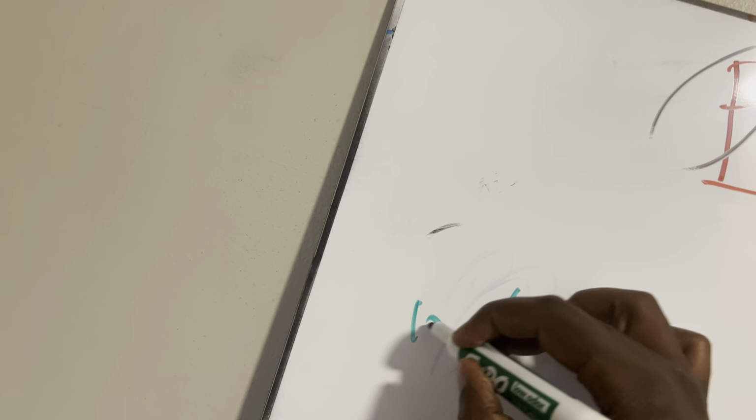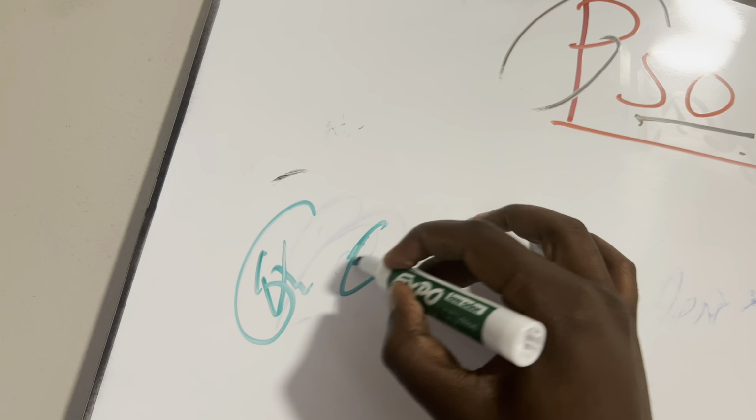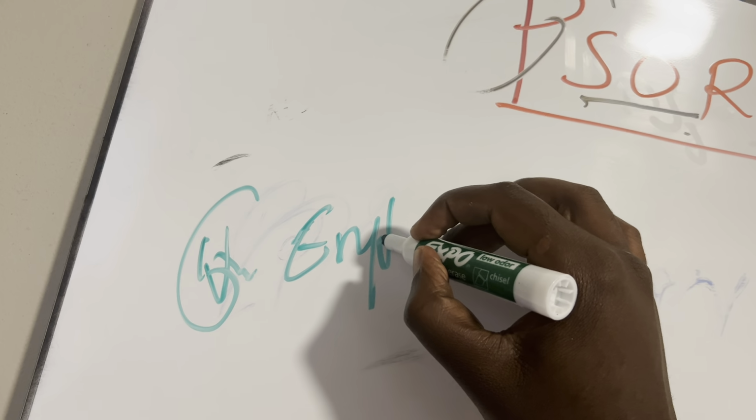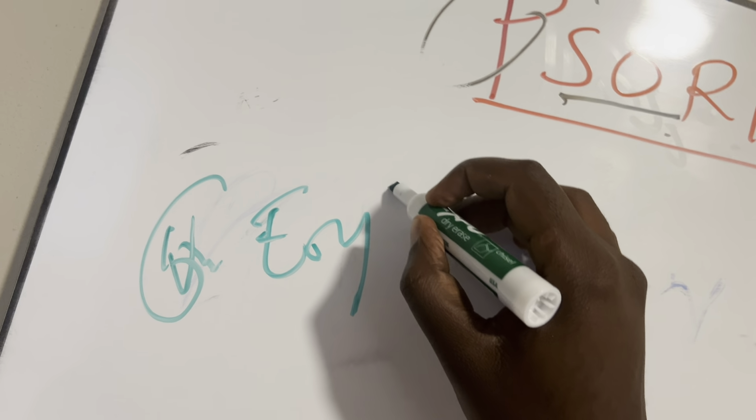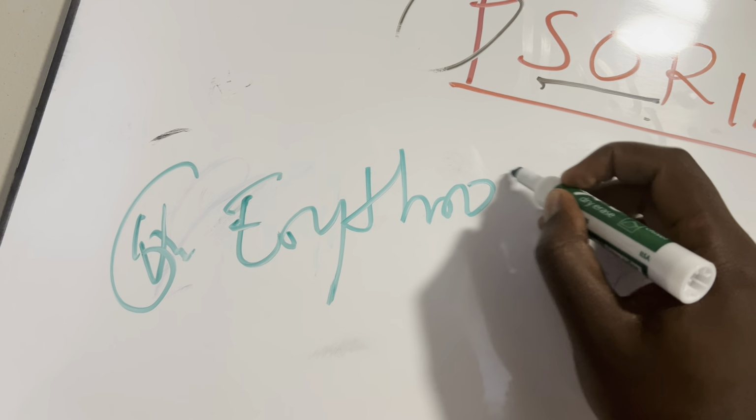The other type is called erythrodermic, so this should be the fifth one. Let me write it properly.